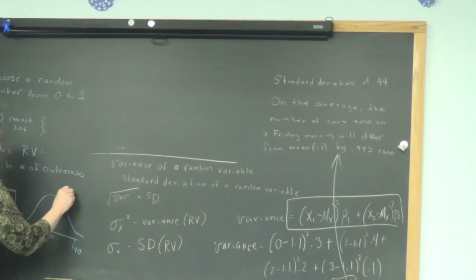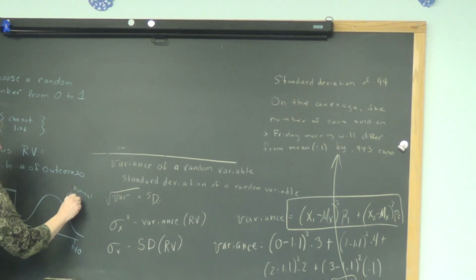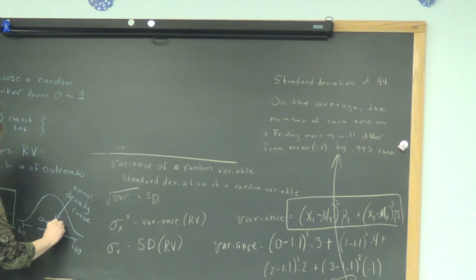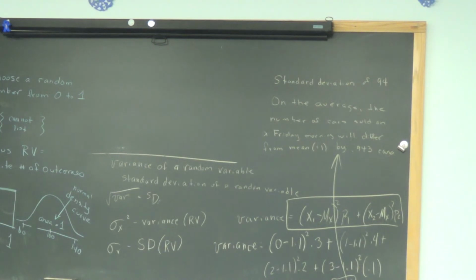The normal density curve has an area of 1. So that's how we're going to do these problems that are continuous. We're going to look at graphs where the area under the curve representing the problem is always 1 because it represents all the possibilities.